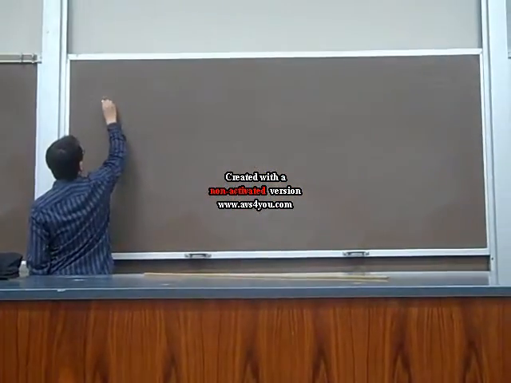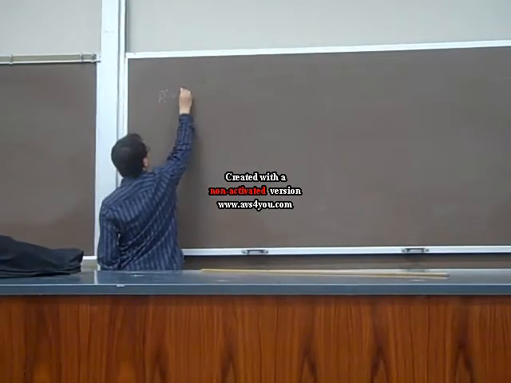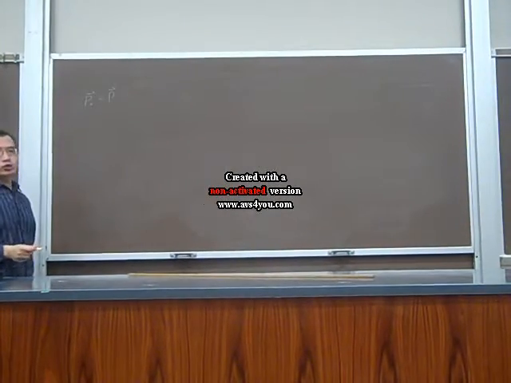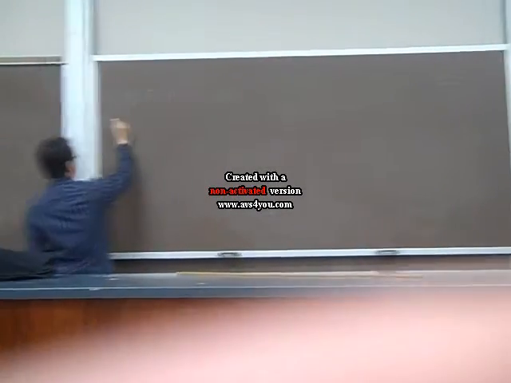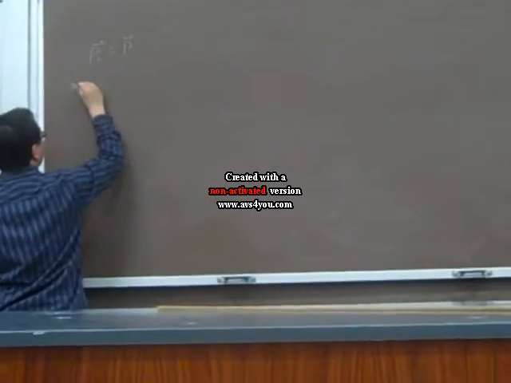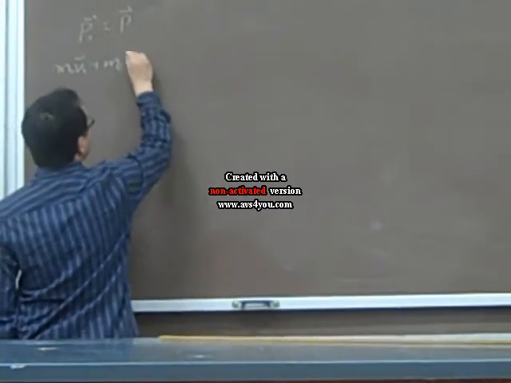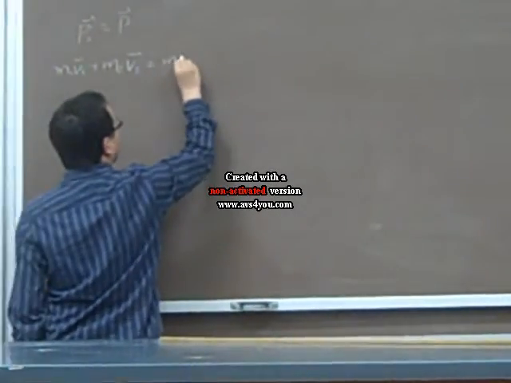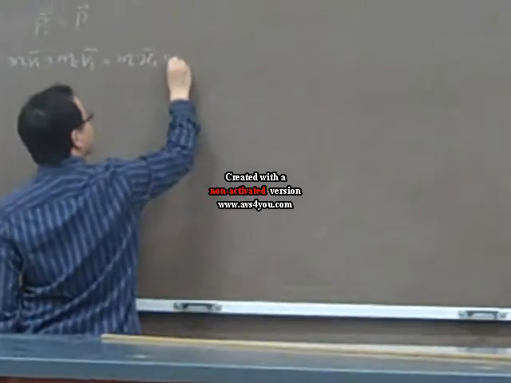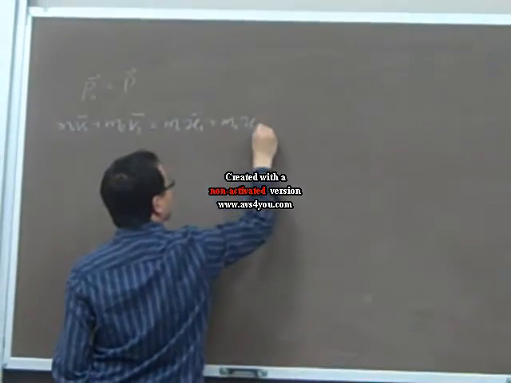Momentum conservation. If you have a two body collision, the total initial momentum equals the total final momentum. It can be written as m1 v1 plus m2 v2 equals m1 u1 plus m2 u2.